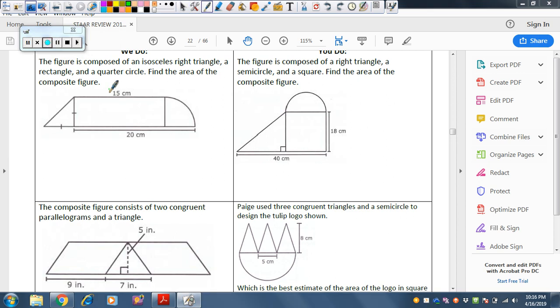All right, we've got some missing side lengths here. You can either treat this as a trapezoid and a quarter circle, or you can treat it as a rectangle, a quarter circle, and a triangle. However you do it. But the struggle is, what is this side?